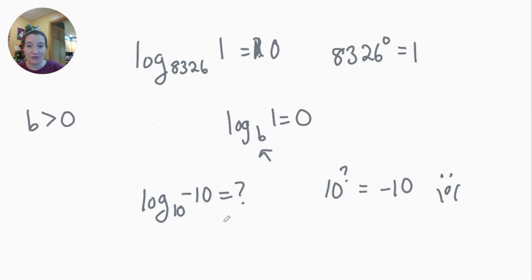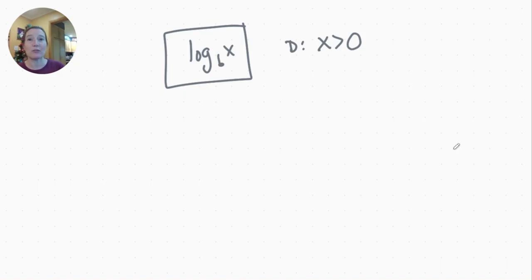This is undefined. And it turns out that the base b log of x has a domain of strictly positive numbers, not even 0. 10 to no power will ever equal 0. So the possible inputs that I could ask are only values that are greater than 0.